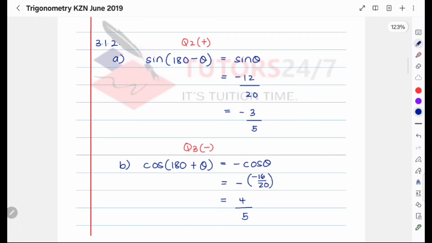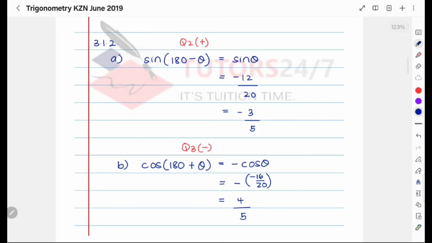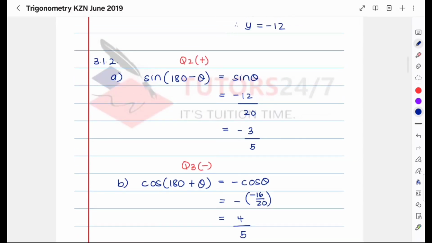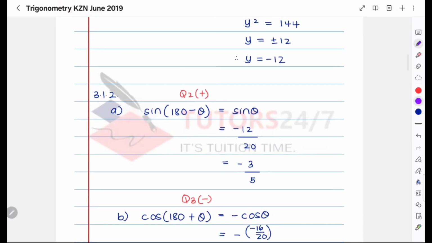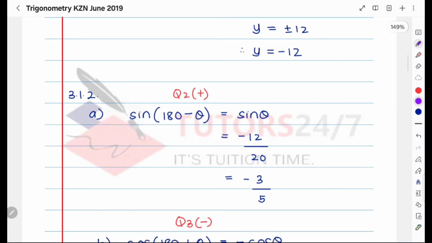So that is it. All you needed to do was reduce the ratios given, use your diagram, find the opposite, the adjacent, the hypotenuse, substitute them, and that is it. Something very important to take note of is that your sine ratio is equal to the opposite over the hypotenuse.